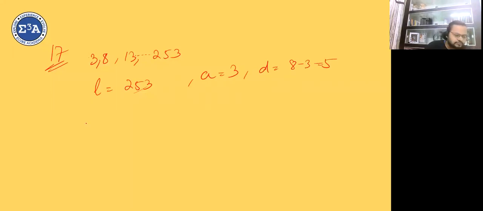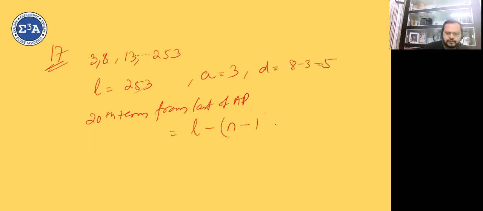So we know the 20th term from the last of the AP is equal to L minus (n minus 1) into d. The last term is 253 minus, n is 20, 20 minus 1 is 19, d is 5.